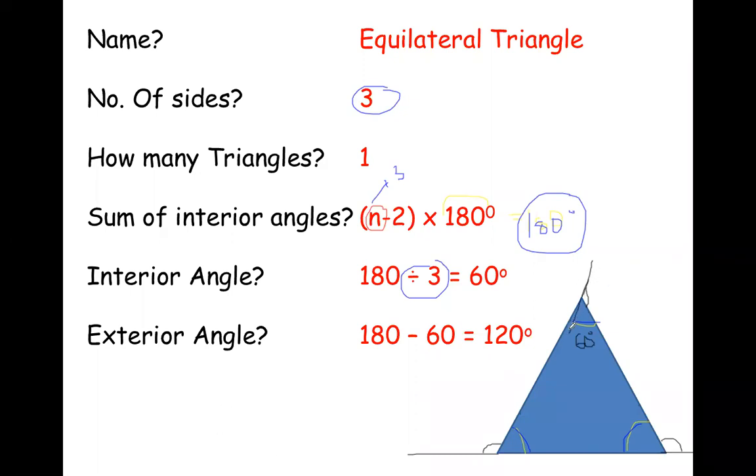Because this whole thing here is a straight line, and last week we looked at, in a straight line, the total is 180. So this whole thing is 180, which means this part here is 180 minus 60. That's why each exterior angle is 120, 120, 120.